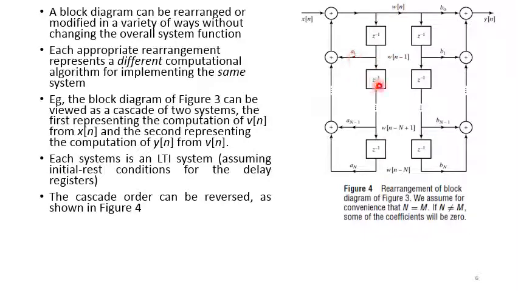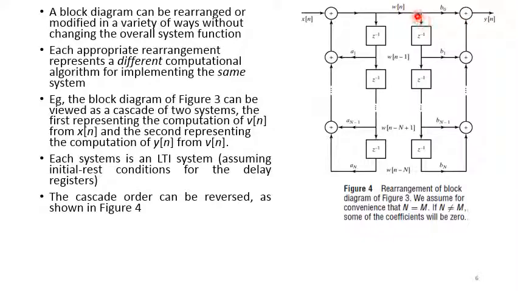Similarly here it will be w of n minus 2, scaled by a factor of a2, and so on. By generalizing, at this point we have w of n minus capital N, and the scaling factor will be a N.